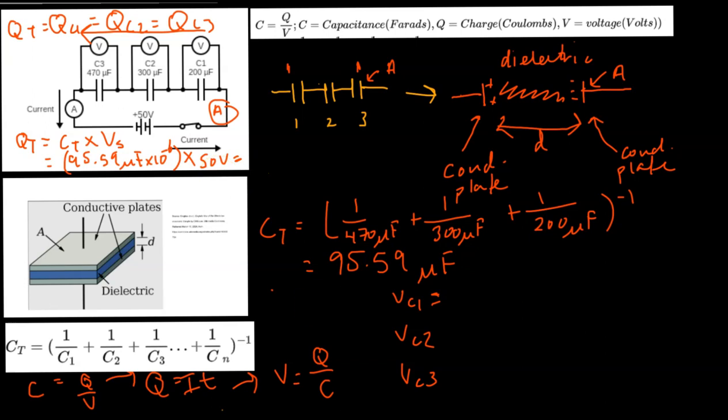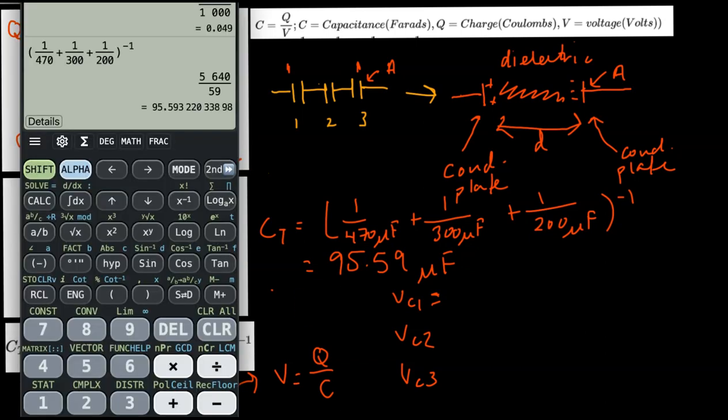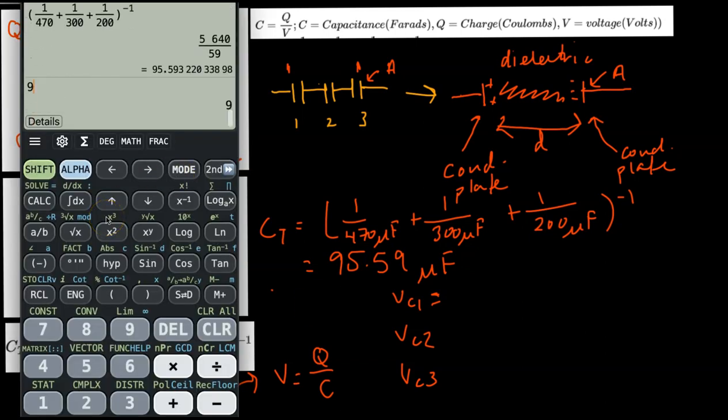Let's go to the calculator. What we are going to see is 95.59, brackets first, multiplied by 10 to the negative 6, multiplied by 50 volts.